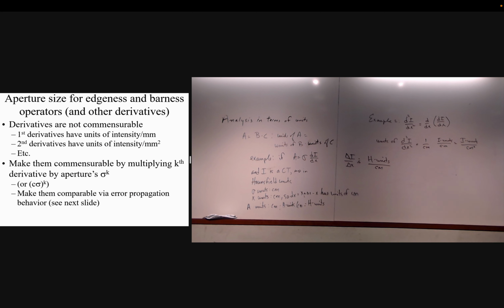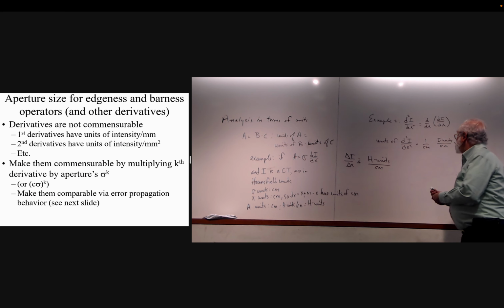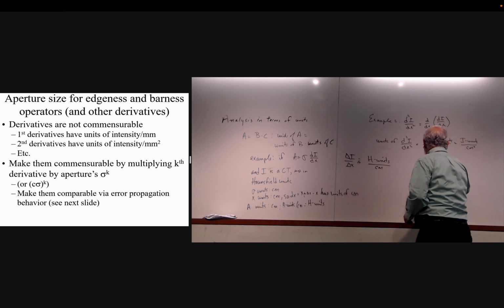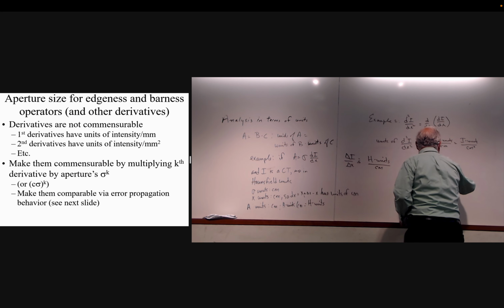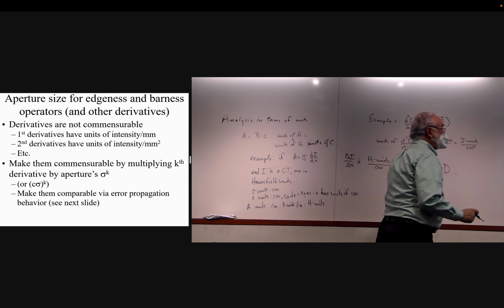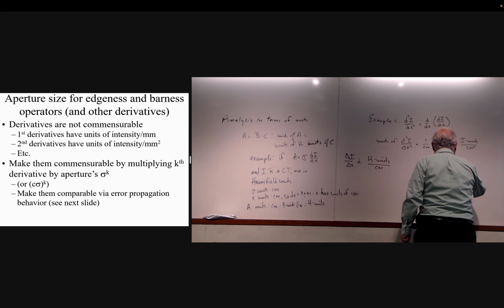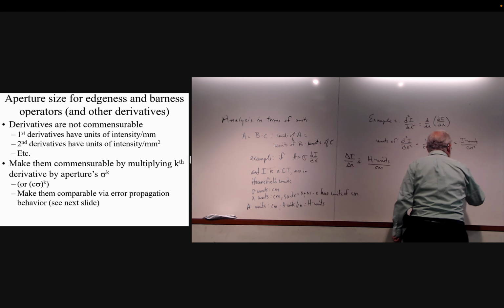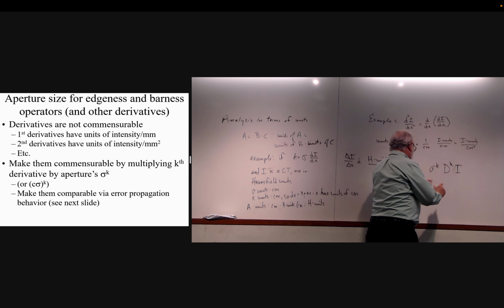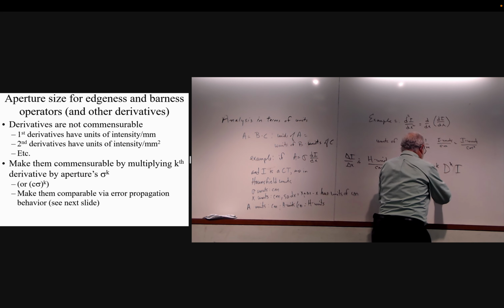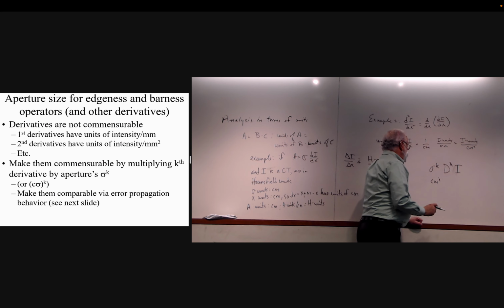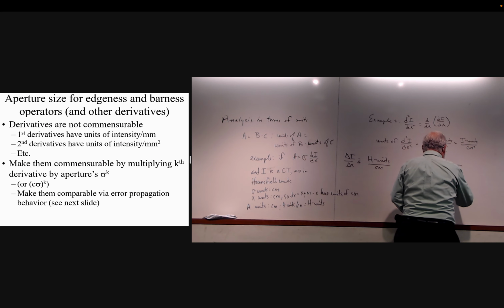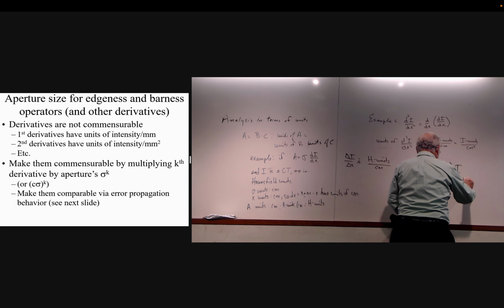And a reasonable way to do that is to consider, for any kth derivative, sigma to the k, which is in units of centimeters to the k, times d^k, which is in units of intensity units divided by centimeters to the k.